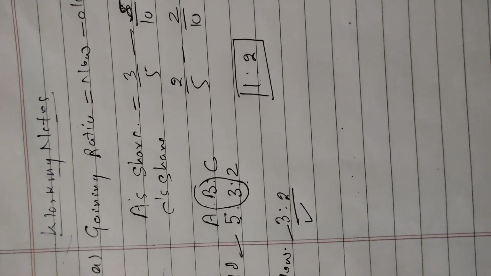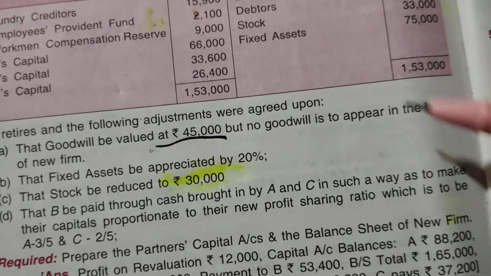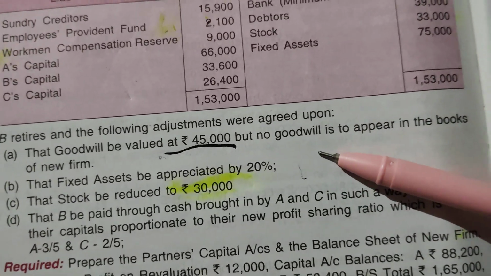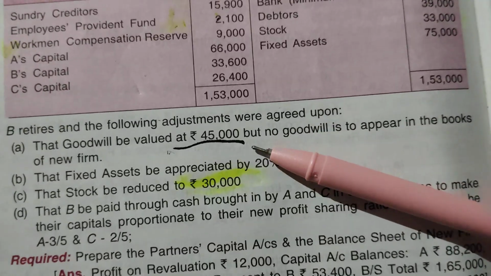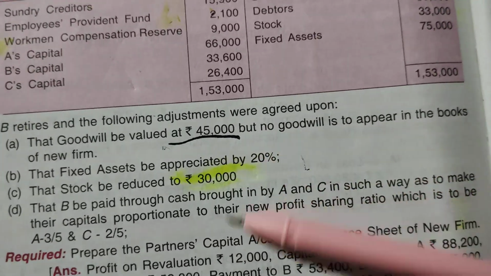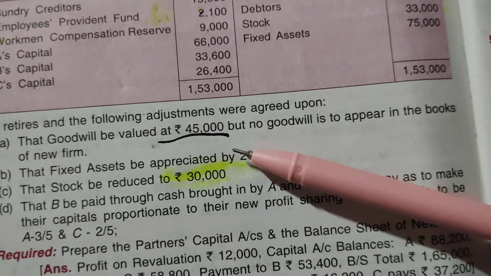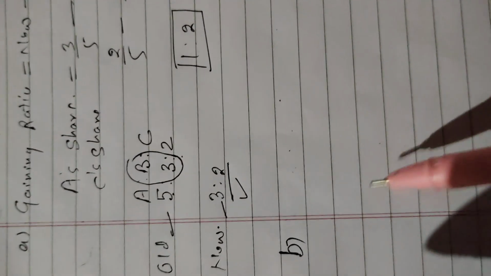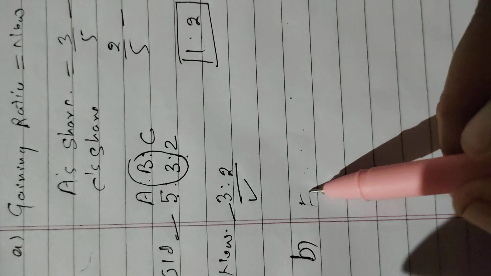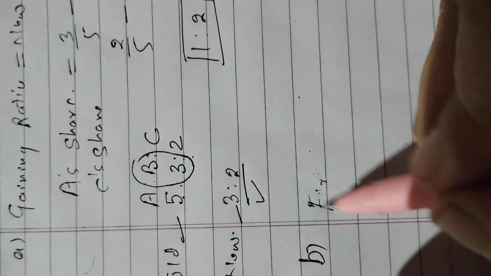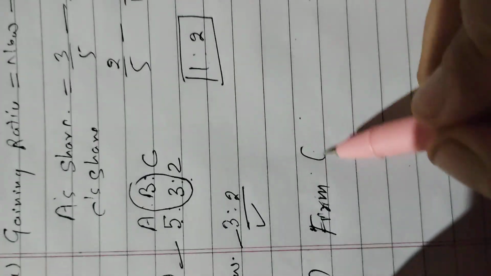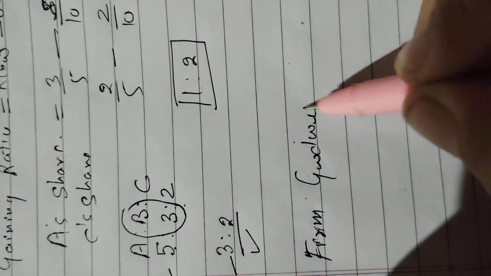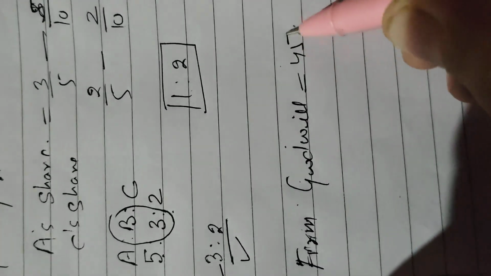Now the important thing according to the first adjustment: firm goodwill is 45,000, and in a working note try to write these adjustments. Now firm goodwill is given. What goodwill? That is firm goodwill, 45,000.